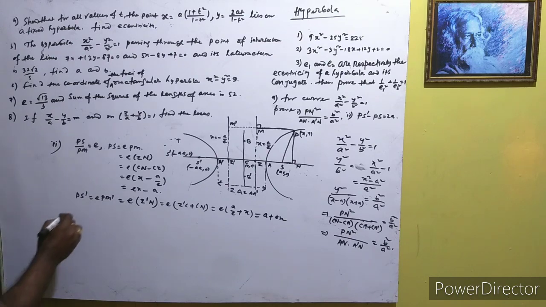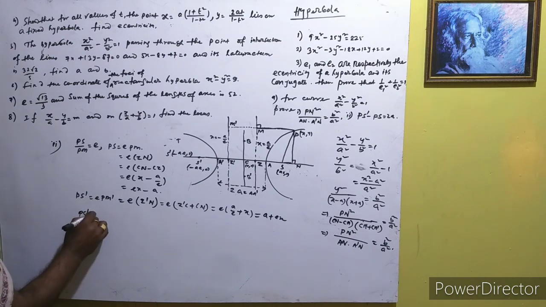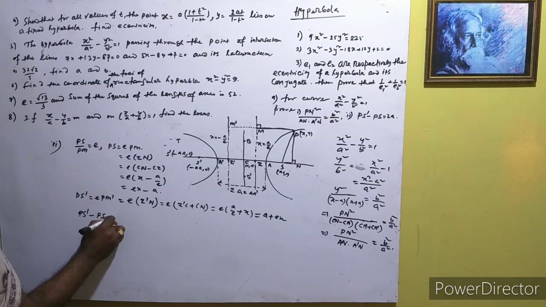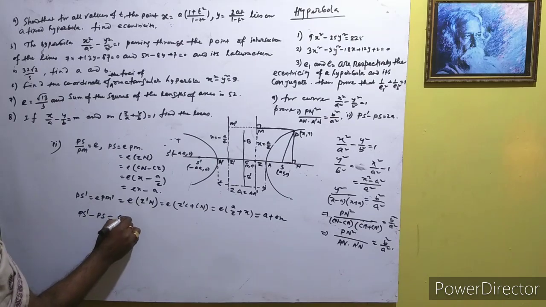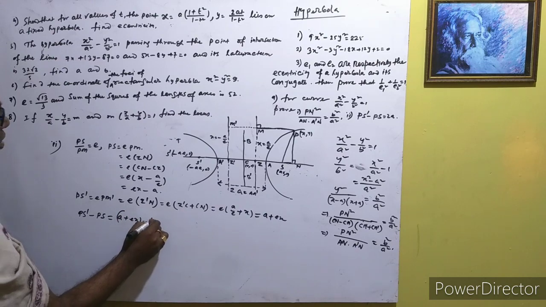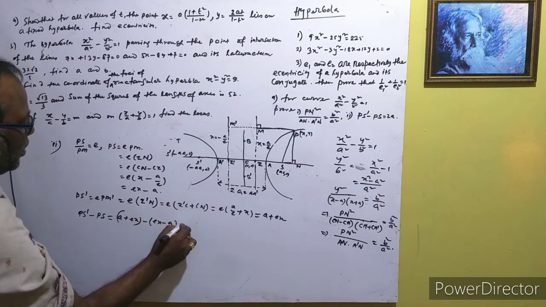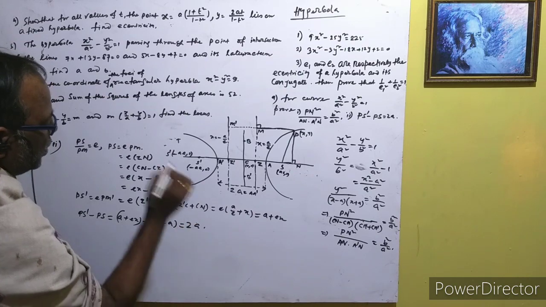So now PS dash minus PS. PS dash means that is A plus EX, and this is minus EX minus A. So that is twice A. It is proved.